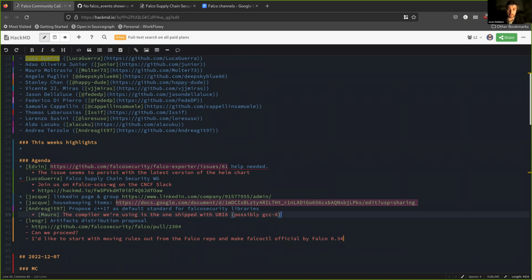Honestly, C++11 is a bit old, even though most of the code base is not that young itself, but GCC 7 should be good for the C++17 standard, I think.